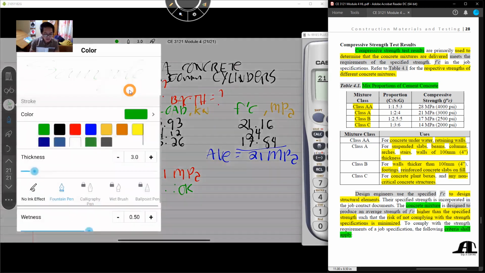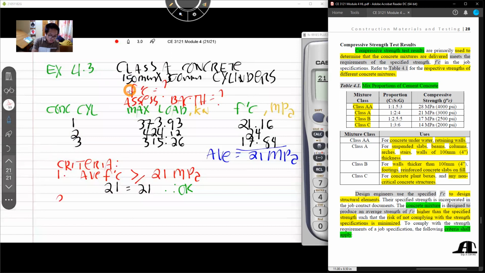Okay? So, dun tayo sa second criteria class. Yung second criteria natin class, diba, is yung dapat daw yung specified strength, so yung 21. Okay? Minus class yung either F prime C 1, 2, or 3. Okay? Yung difference dapat nila class should be less than or equal to 3.45 MPa.